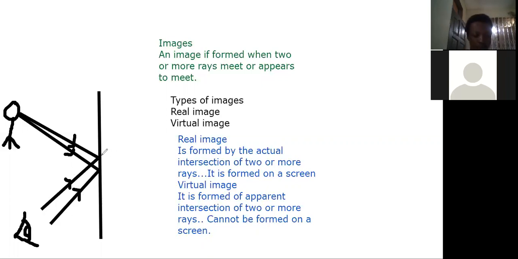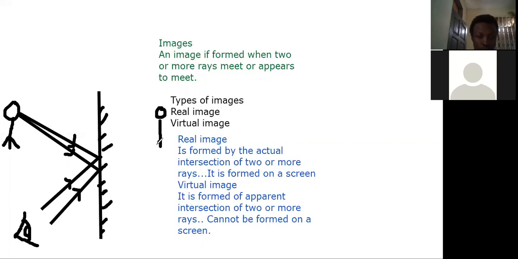You just bear with me that when you have to extend this, this is behind the mirror. There's the mirror, a plane mirror. And at the back of the mirror is where the image is formed. But the image is not a real image. The image is a virtual image because you can see yourself, but you can't touch it. So you realize that the image will be somewhere here.